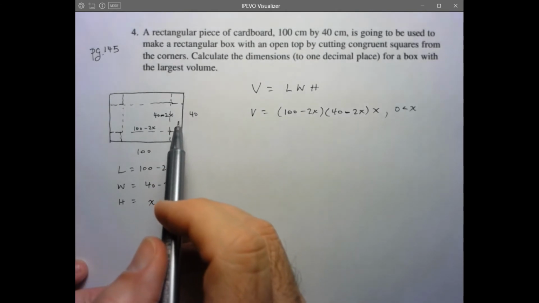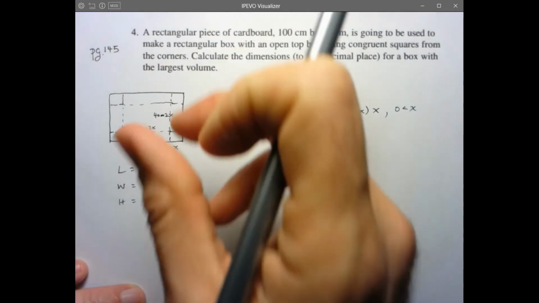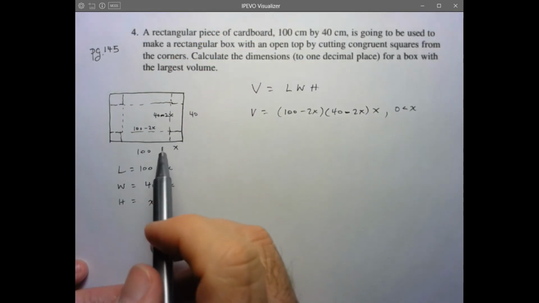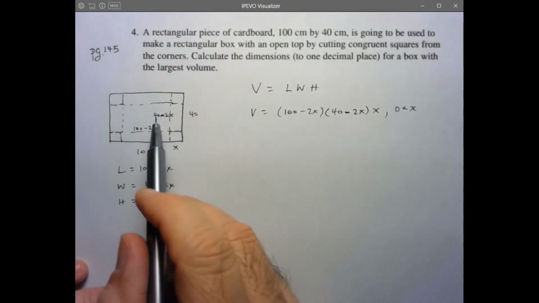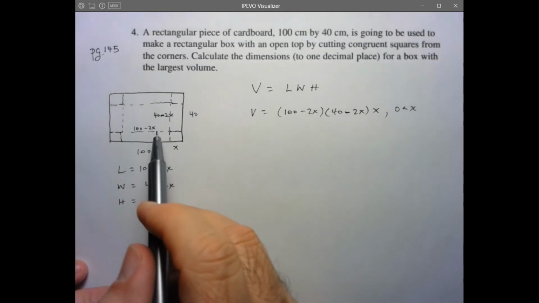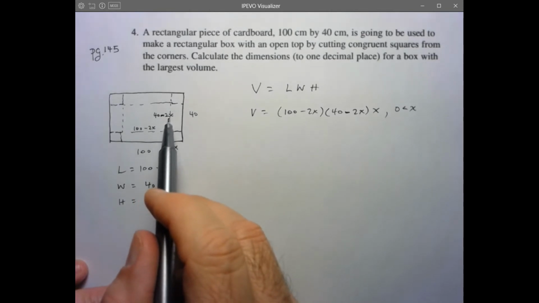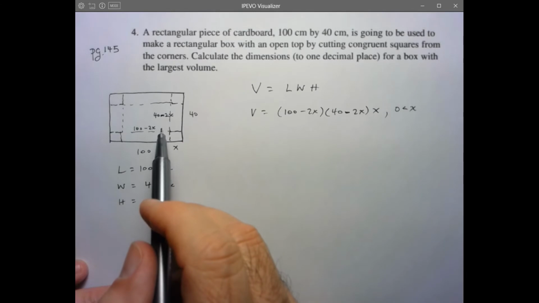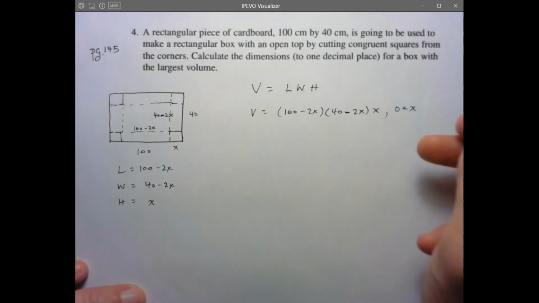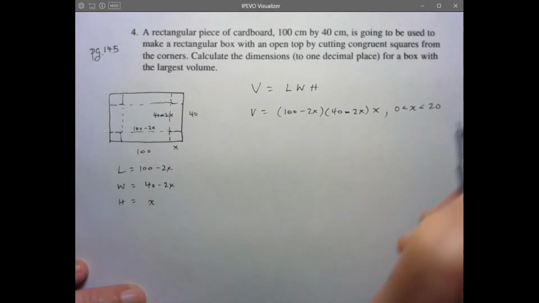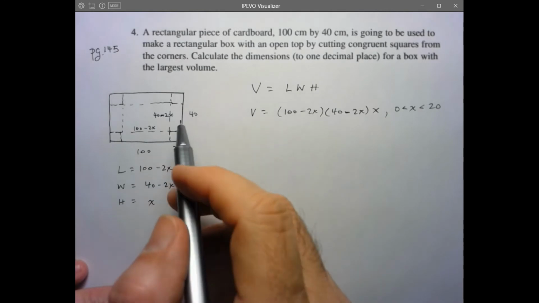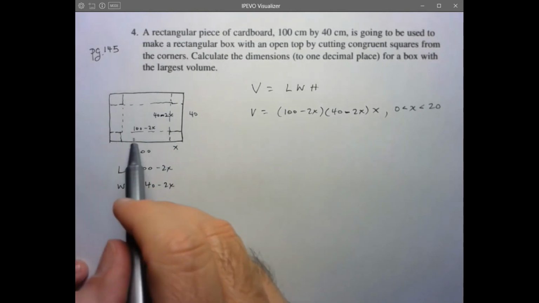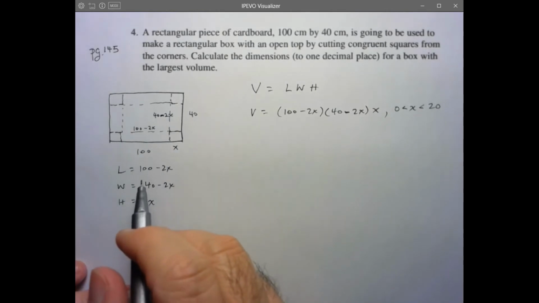If it's equal to 20, I'd just be folding it in half. Not very useful, and certainly anything bigger than that wouldn't make sense, because I'd end up with a negative number here. You know, if I chose x to be 21, 40 minus 2 times 21 gives me a negative number. So it has to be strictly less than 20. Notice here I had to work with the shorter side. It wouldn't have made sense to work with the longer side. Okay, so there we go.